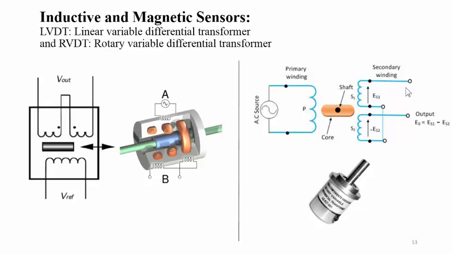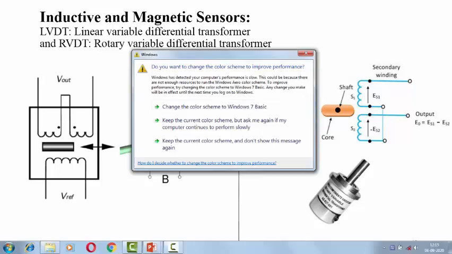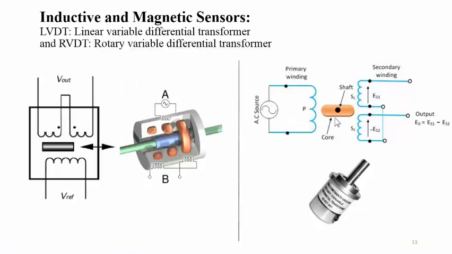So here the ferromagnet based core is connected to the shaft, and depending on the movement or the rotation, we are getting the change in the output voltage from the secondary winding. At the primary winding, the AC source is connected, and from the secondary we are going to take the output voltage from this RVDT.